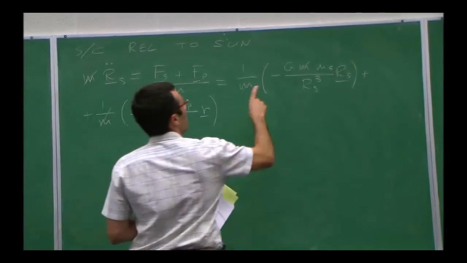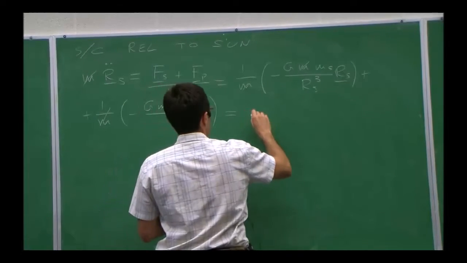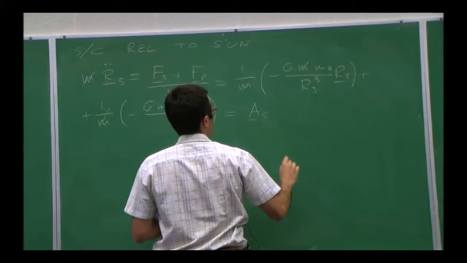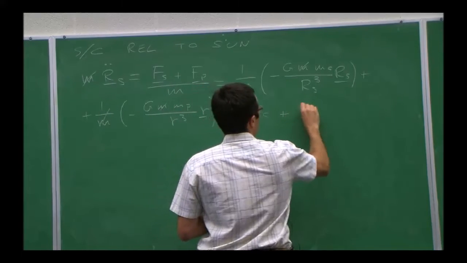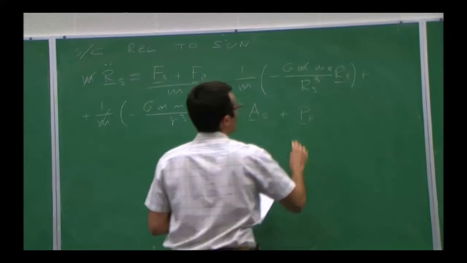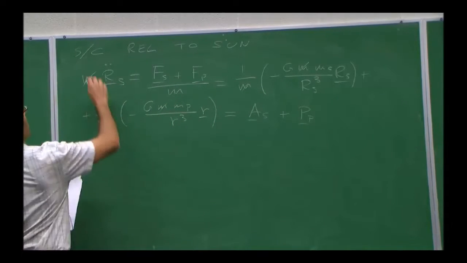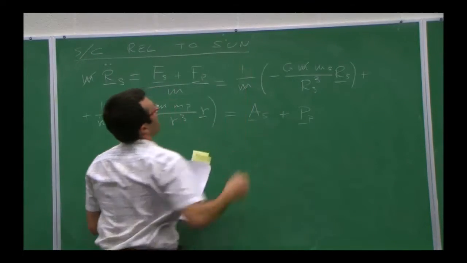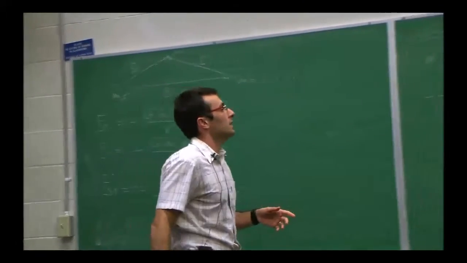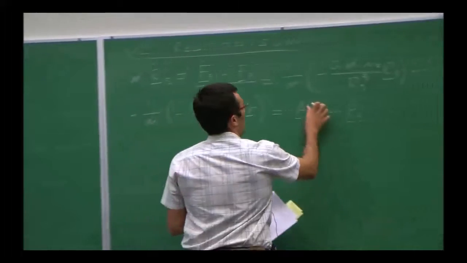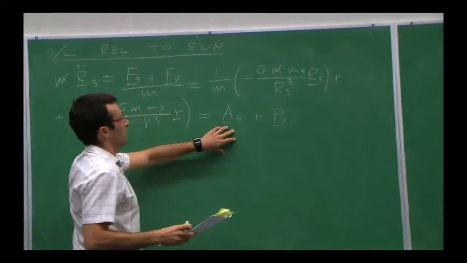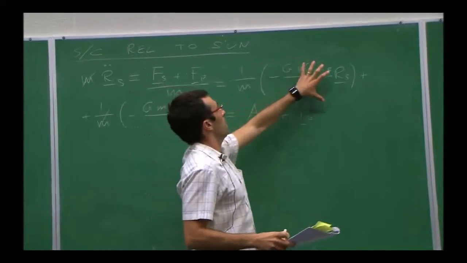And you can call this first term the acceleration that is due to the sun. And the second one, I'm going to call it the perturbation due to the planet. So I'm basically saying I care about what the spacecraft is doing from the sun's point of view. So if I am sitting on the sun, this is the acceleration that I, as the sun, am exerting, this first term here.